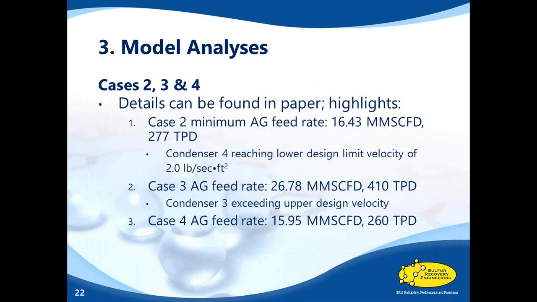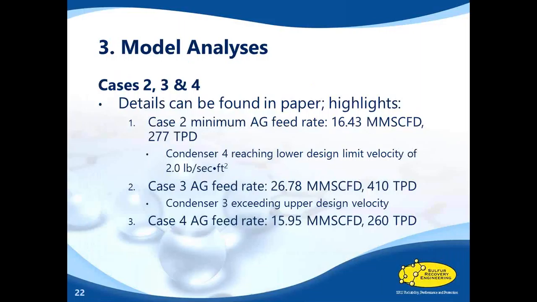But continuing on with the presentation, to summarize quickly the remaining cases 2, 3, and 4 that we did with our paper at SOGAT, we'll quickly go over the conclusions from them. In case 2, when we tried to operate at the minimum acid gas flow rate that we were able to achieve with 44 mole percent H2S feed, that was determined to be 277 tons per day.